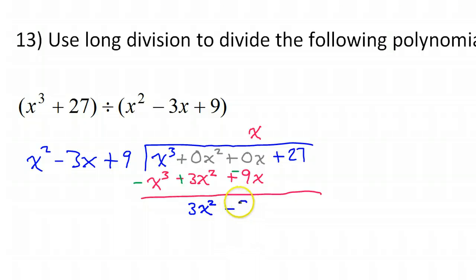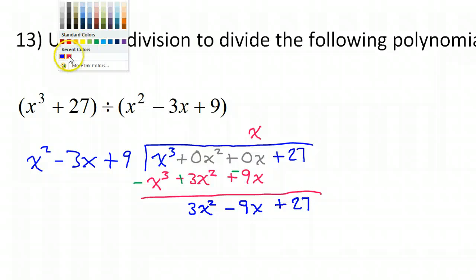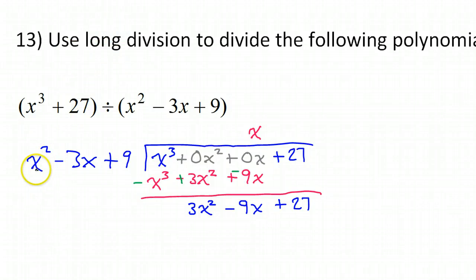Together these will make minus 9x, and I'll bring down my plus 27. Then we sort of start over, and once again we ask ourselves, x squared times what will make 3x squared? Well, clearly all we need is that 3. So I'll put my 3 up there.